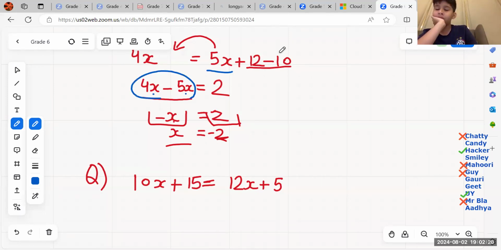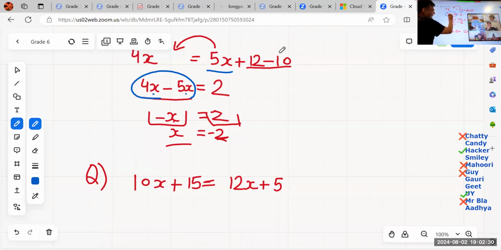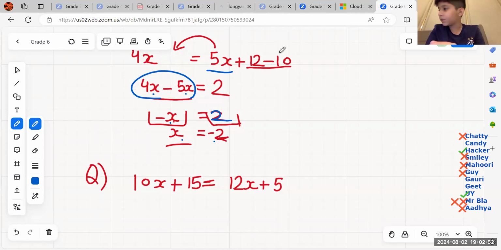So 4x minus 5x is equivalent to 4 minus 5, and 4 minus 5 is minus 1. So I will get minus 1x, which can be written as minus x. So minus x is equal to 2. Then I wanted the value of x, so I multiplied both sides by minus 1 and I got x equal to minus 2. Okay, sir. Thank you, sir.